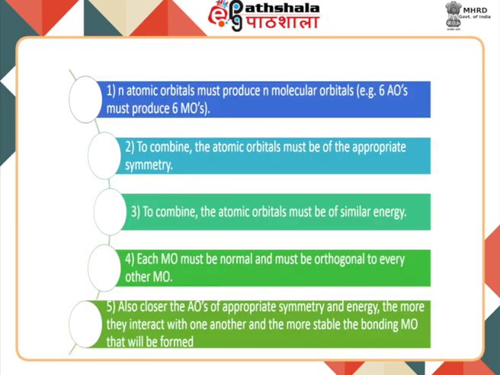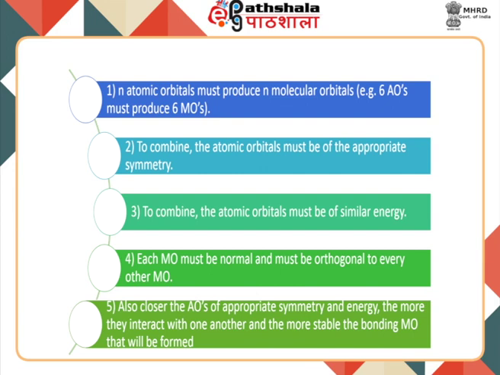Some of the basic rules for writing the molecular orbital diagrams using the linear combination of atomic orbitals are summarized as follows. The first rule says that the atomic orbitals must combine together to give molecular orbitals, which should be equal in number.